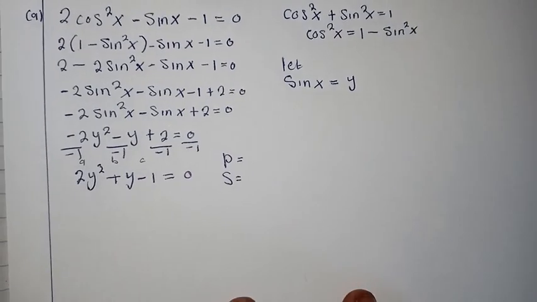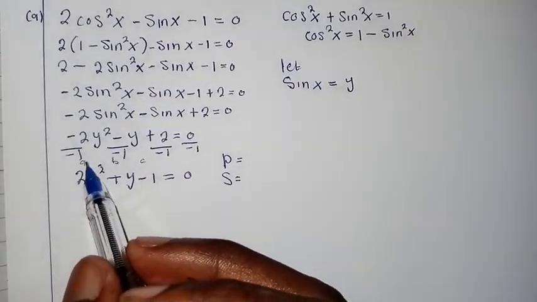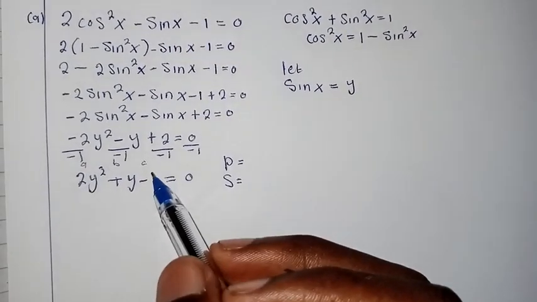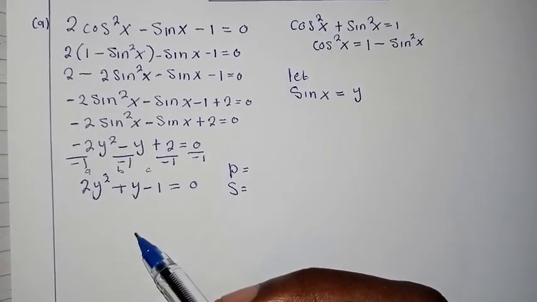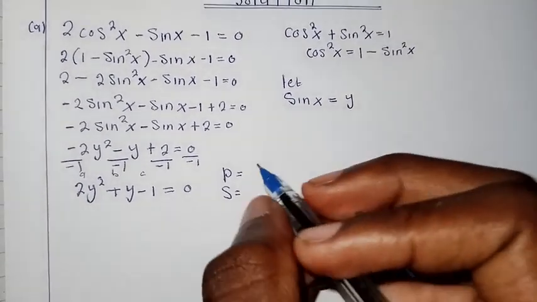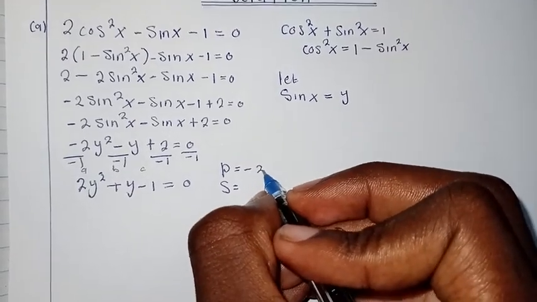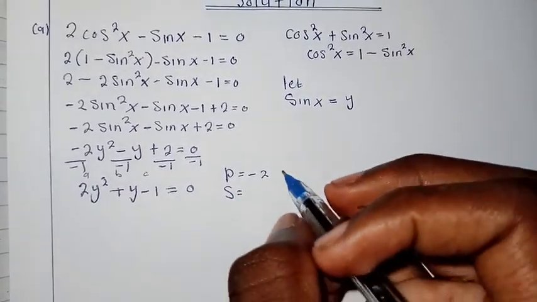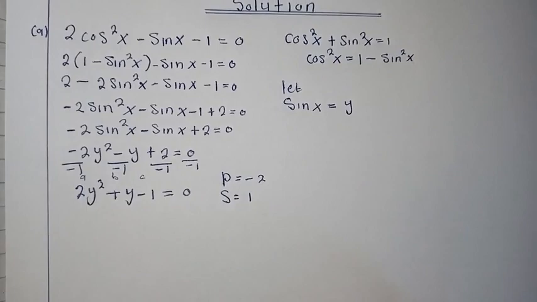So we multiply the a factor with the c factor. So it's going to be 2 multiplied by -1, and of course we get -2. The sum is simply the b factor, which is +1.